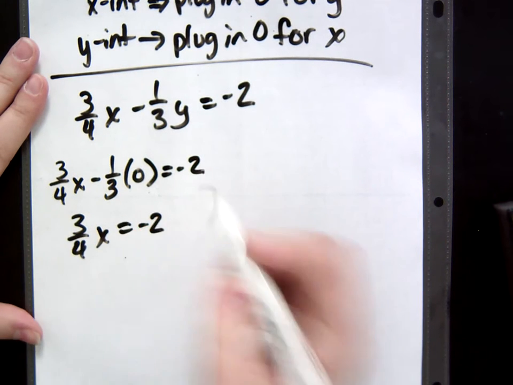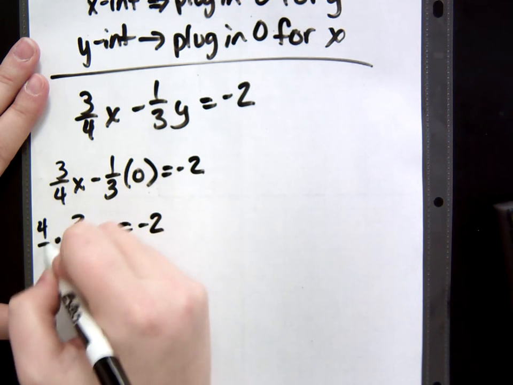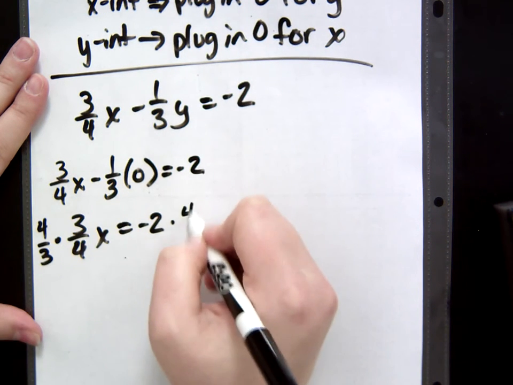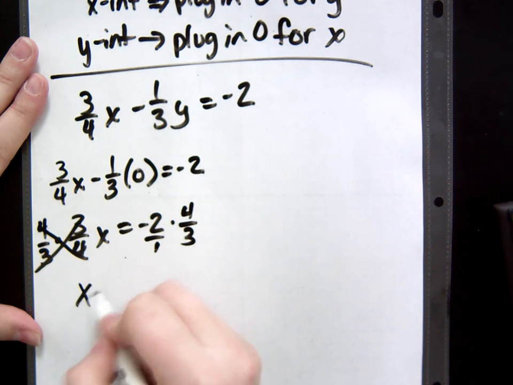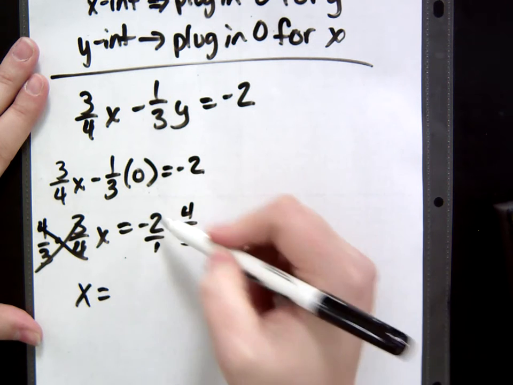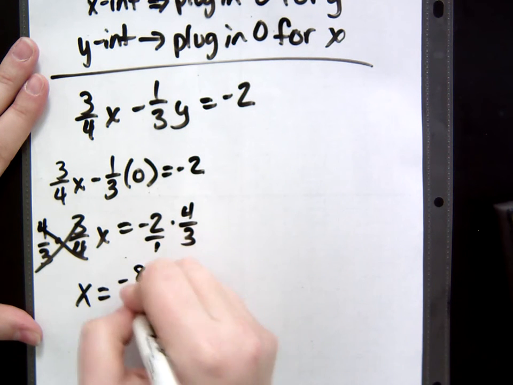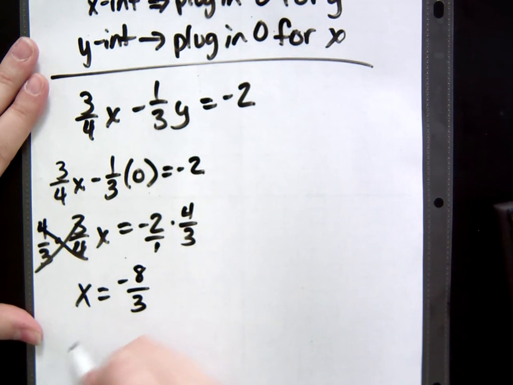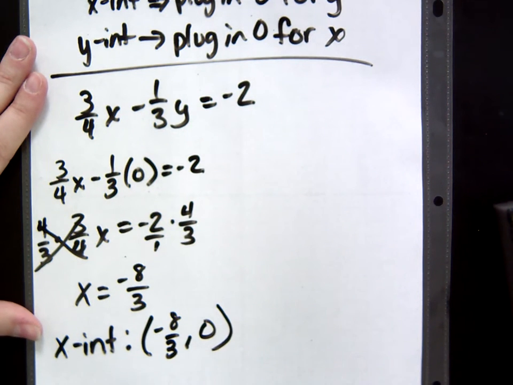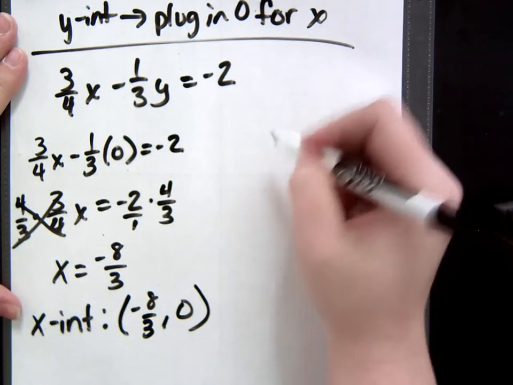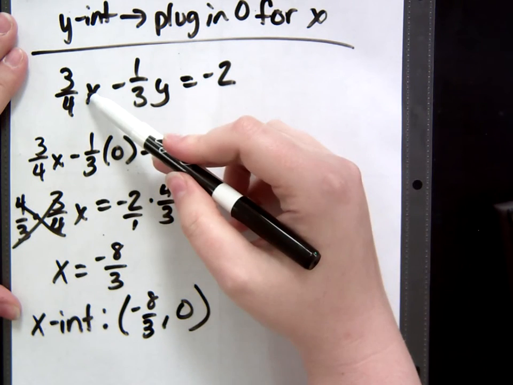Then to get rid of the fraction, I multiply by the reciprocal. This cancels out the fraction over here, giving me x equals negative 8/3. So the x-intercept is negative 8/3, 0. For the y-intercept, I'm going to replace the x with a 0.